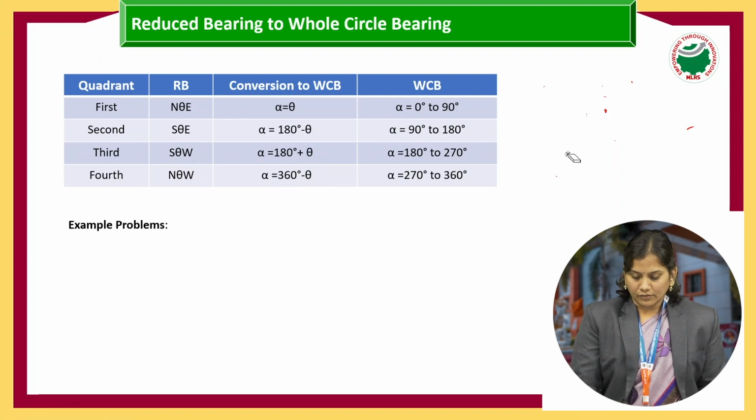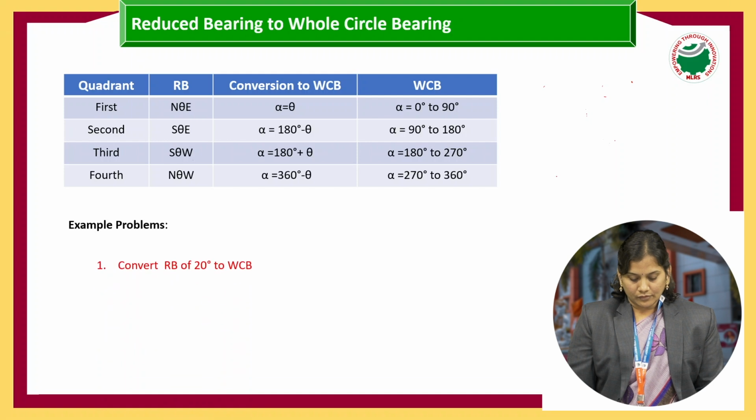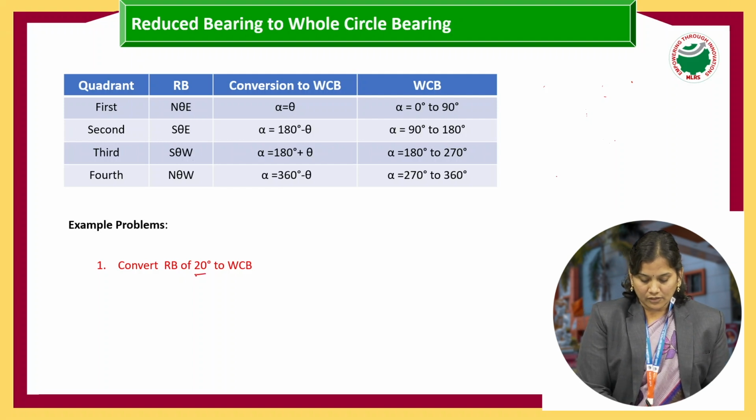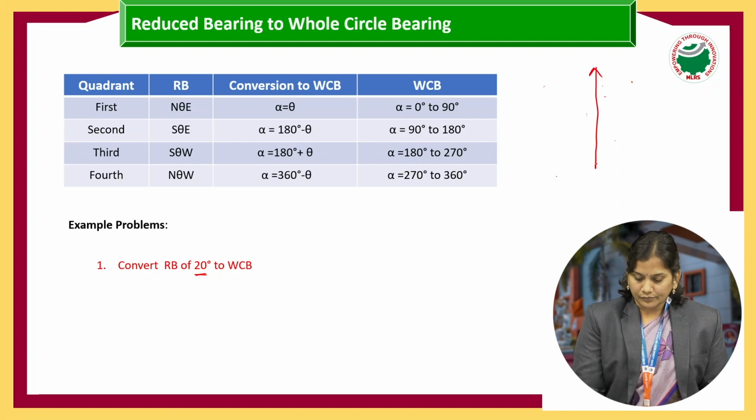We'll see a few exercises on this. First one: convert a reduced bearing of 20 degrees to whole circle bearing. In which quadrant does 20 degrees lie? It lies in the first quadrant, and we are converting from reduced bearing to whole circle bearing.